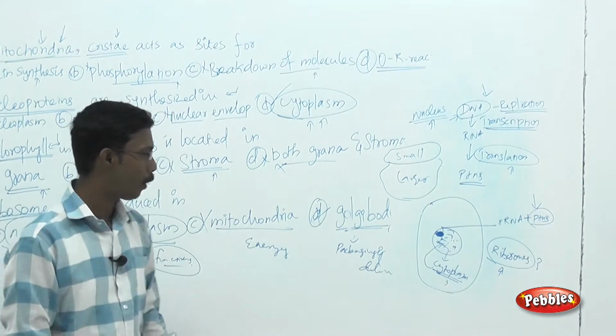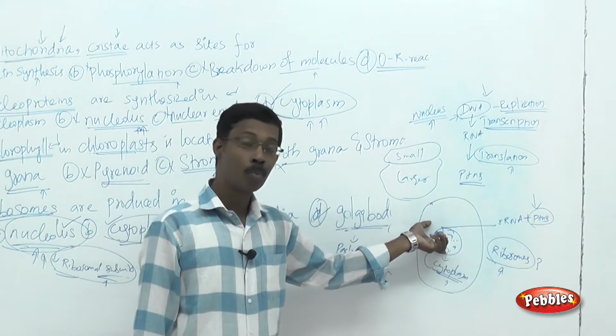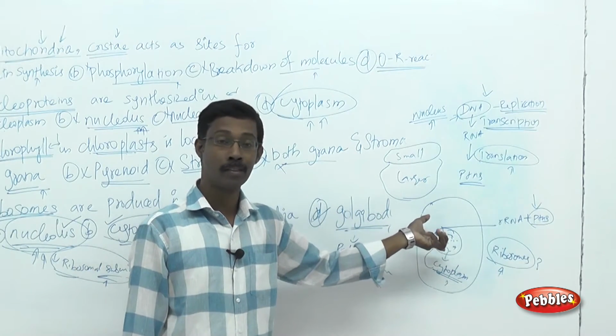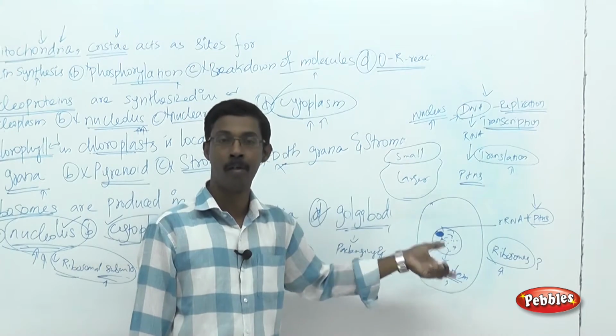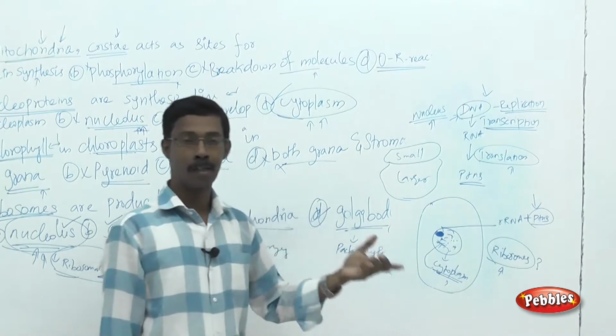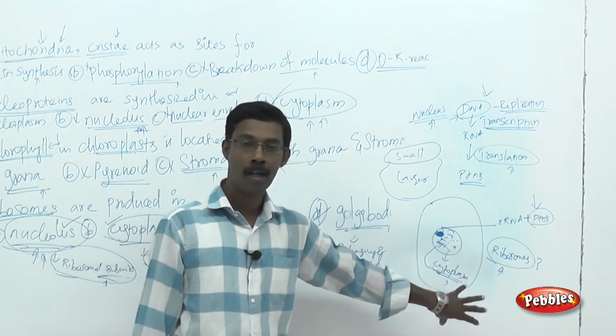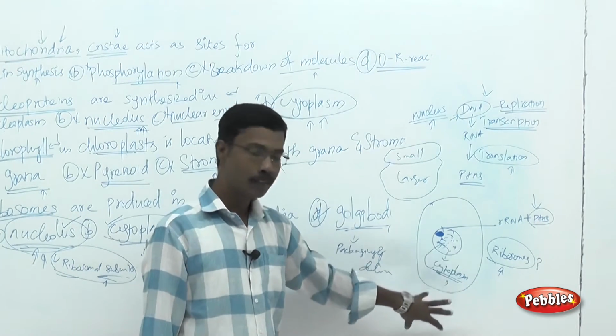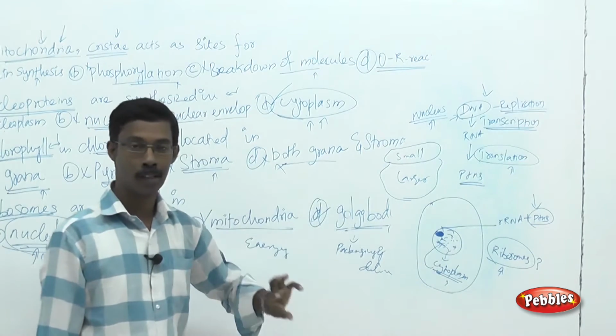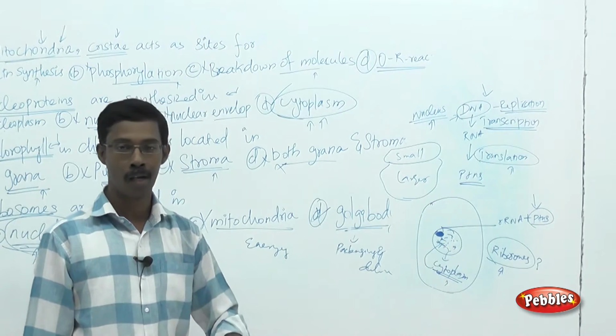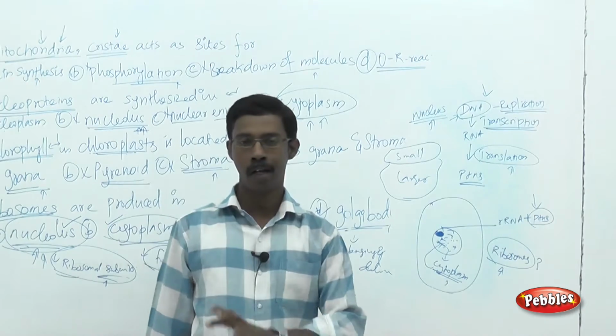The next point to remember: the ribosomal subunit synthesis happens within the nucleus by means of the nucleolus, but the proteins required for the subunit synthesis are synthesized in the cytoplasm. For protein synthesis in the cytoplasm, the required molecules are rRNA, tRNA and mRNA.